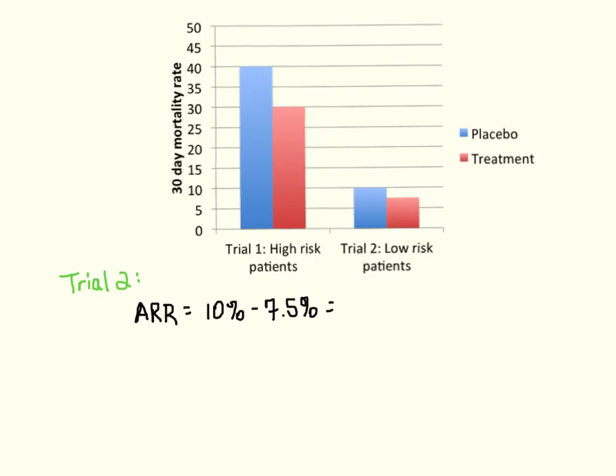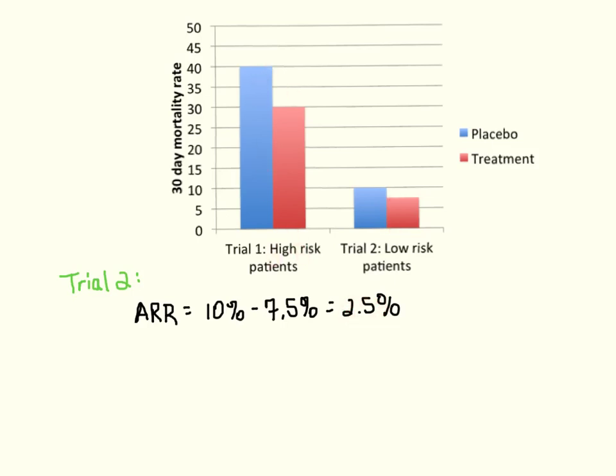And that equals 2.5%. So with the lower risk patients, we can see that the absolute risk reduction is much smaller. And in general, that's true. If you have a lower risk population, then your absolute risk reduction is going to be a lot smaller than if you have a higher risk population.